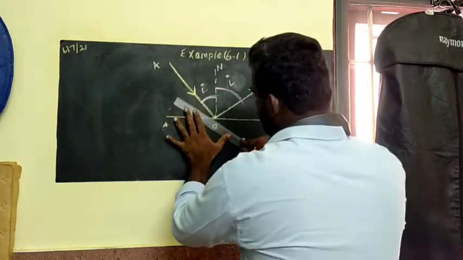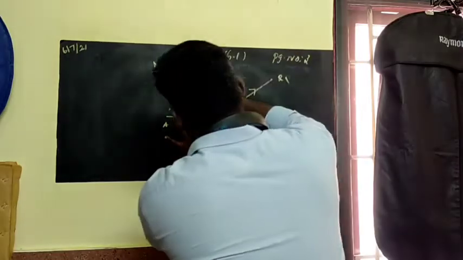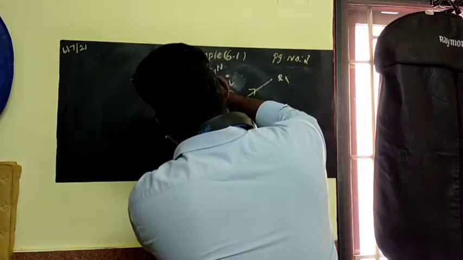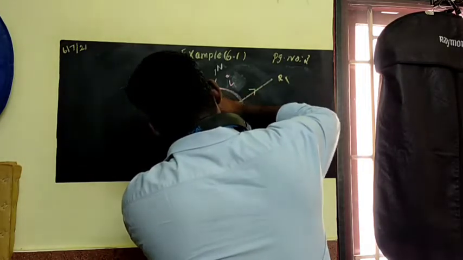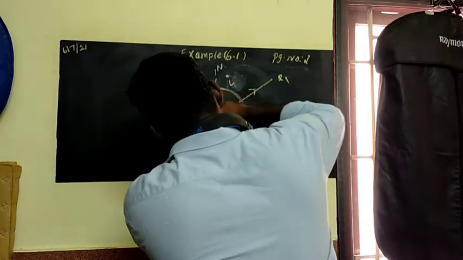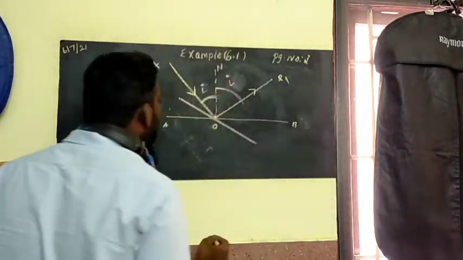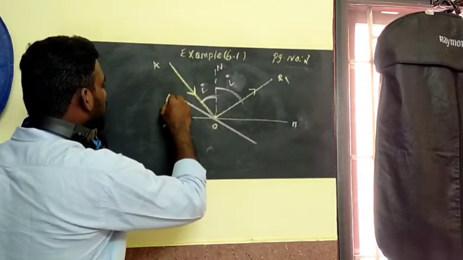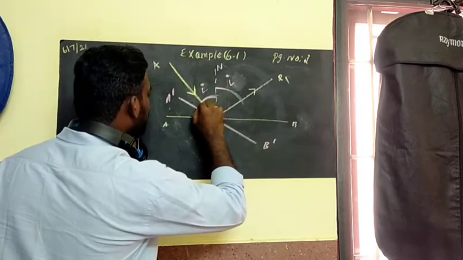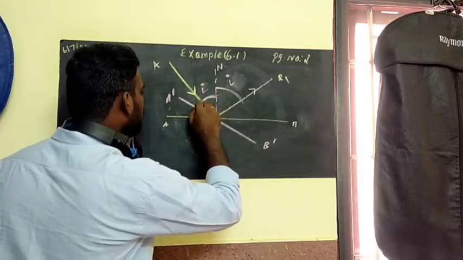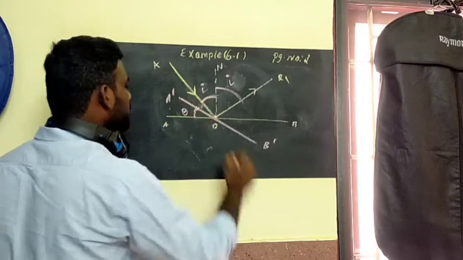Suppose we tilted it here. You can see that this is A dash and this is B dash, and this angle is theta.